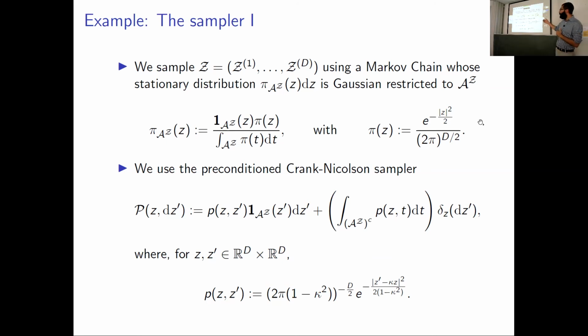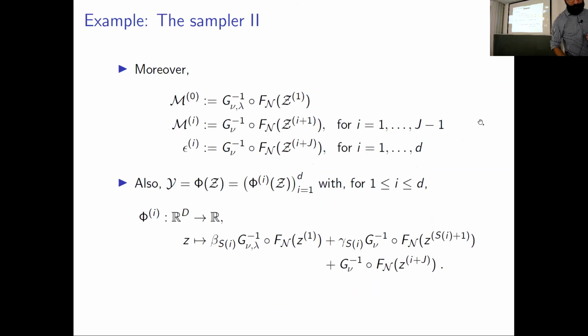But I have my sampler, and I think the main message here is that I'm not running the sampler in the M's and epsilons. I'm running the sampler in a Gaussian universe, just to make my sampler easier to look at. So if Z is something that's Gaussian, I'll call Fn the c.d.f of a Gaussian, because I couldn't use phi anymore because phi is something else. I'll apply Fn to Z1, which was also a Gaussian. So this thing will be uniform.